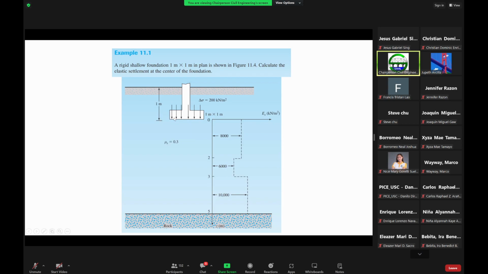The foundation is a square foundation, 1 meter by 1 meter with an embedment of 1 meter as well. The foundation bearing pressure, or the stress increase, is equal to 200 kilopascals. The Poisson's ratio of the soil is given as 0.3.